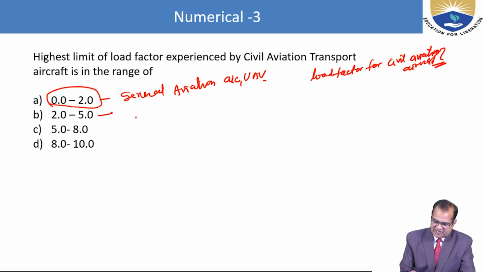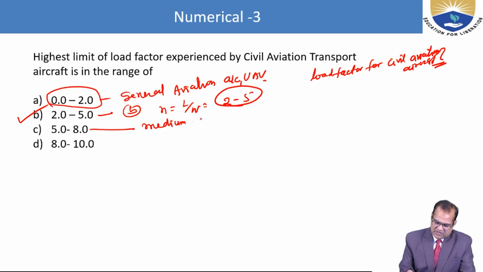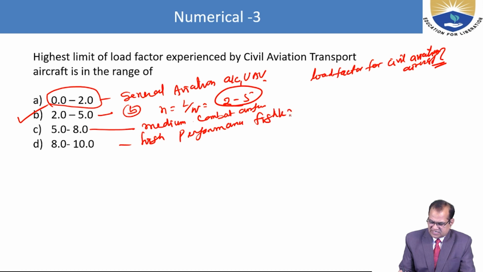2 to 5 is the correct answer, because for civil aviation the load factor N is equal to L by W, that is 2 to 5. This next one is for medium combat aircraft. This is for high performance fighter jets like the modern F-35, F-22, Rafale, J-22.